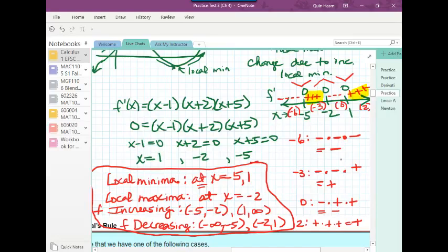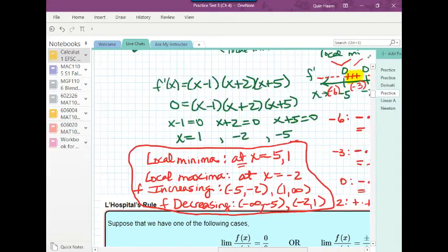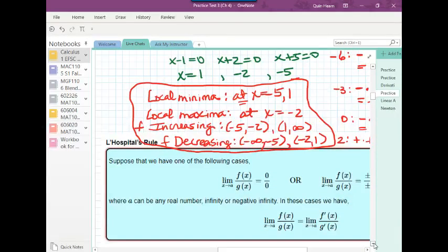We were also asked where it was increasing and decreasing. Let's start with the increasing intervals. The function f would be increasing where f prime is positive. That's going to occur between -5 and -2, as you can see the interval is positive there.